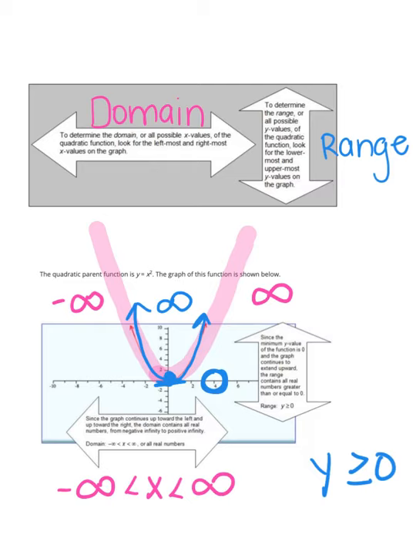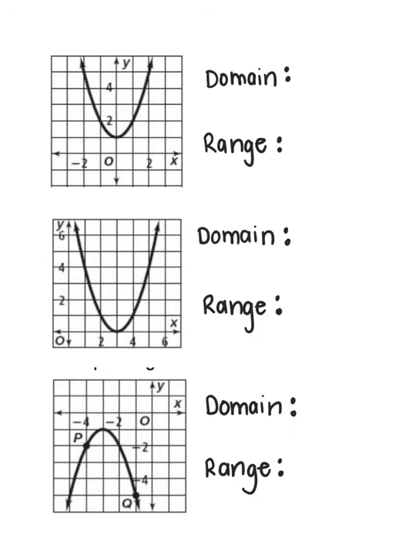Alright, so let's look at a few examples and let's define those. Let's look at the domain and range here. Starting with the domain, again, that same scenario, we're going to read it from left to right. Even though my graph doesn't go further than the grid on paper, that doesn't necessarily mean it stops there. So my domain is coming from negative infinity and going to positive infinity.